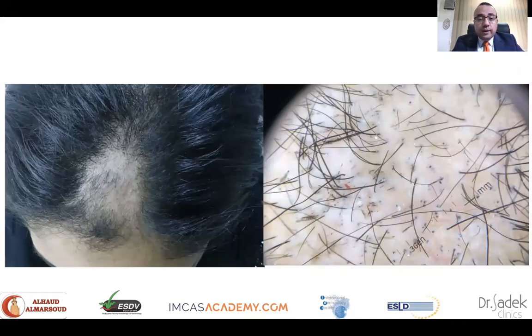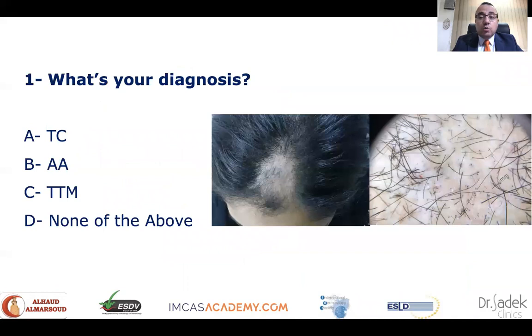He presents with this lady who is in her early 20s, suffering from this localized area of hair loss. And this is a dermoscopic image. I won't say his opinion right away because I'm going to ask you to answer, and I'm giving you 20 seconds. And notice that the clock is ticking.